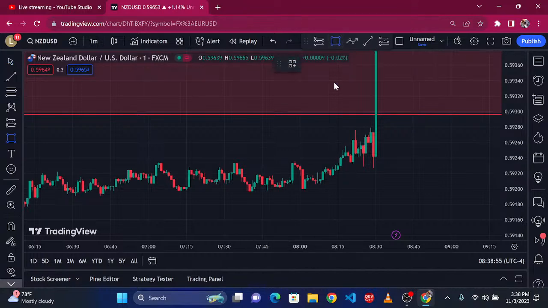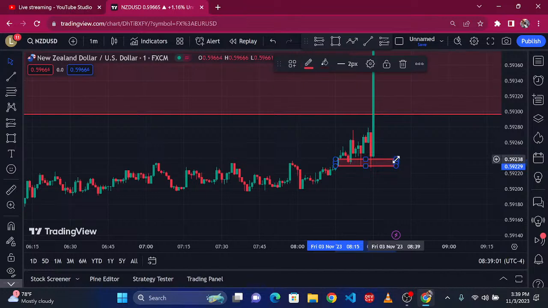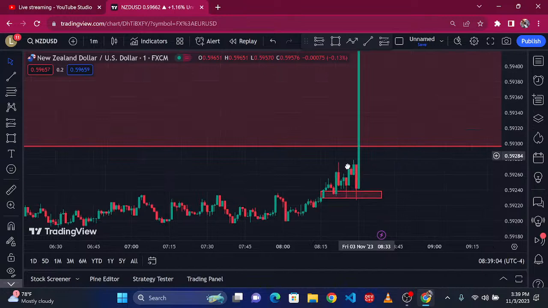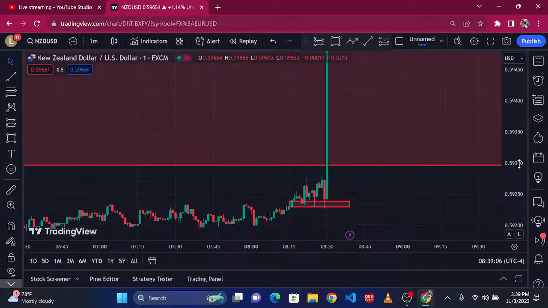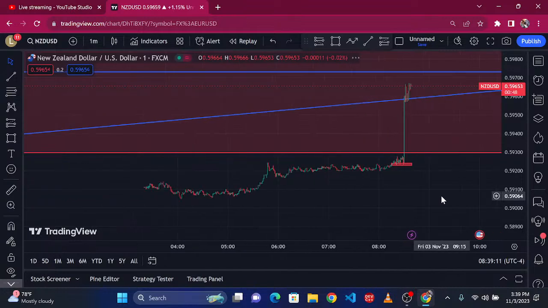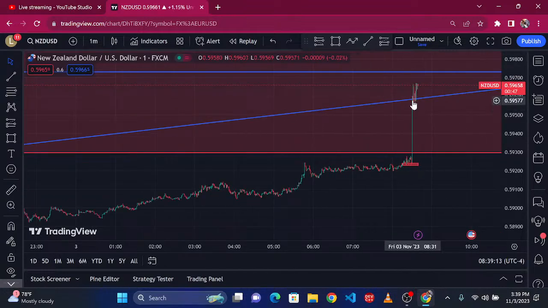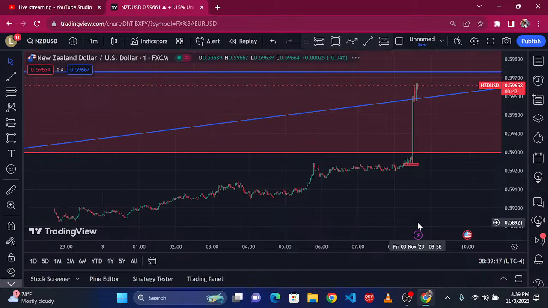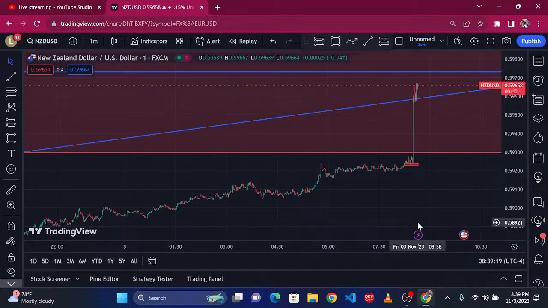This was a good fair value gap which this market tapped 3 times to move. This had to be the TP. This market has to cover back this space that it has left, so probably if it doesn't hit my stop loss, it will cover it up. Yeah, man.